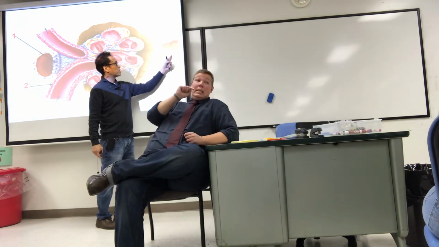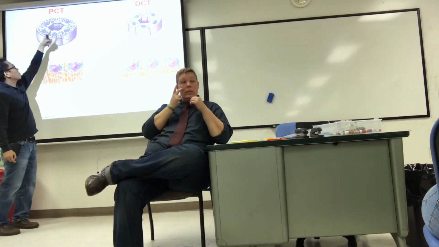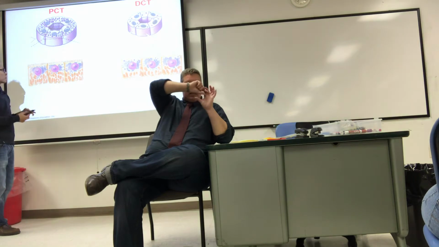You see these cuboidal cells? That's what I'm talking about. They line the tube. In the microscope, there's the tube, and the cells that surround it do all the reabsorption. And they have a lot of mitochondria, and they have a microvilli brush border because they're your most active reabsorbers.